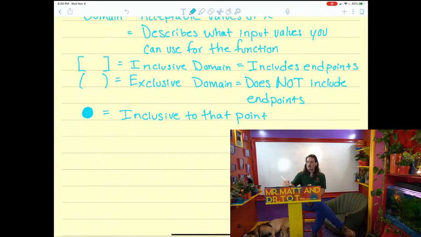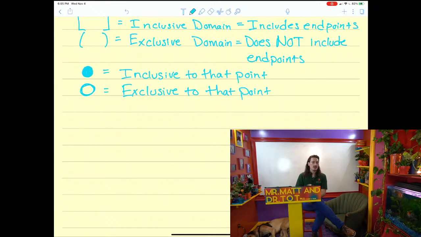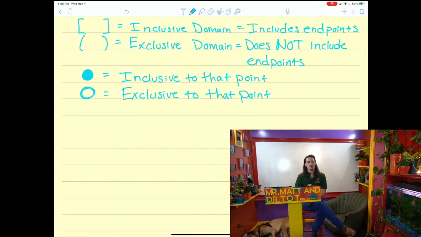Conversely, a hollow circle means exclusive. So really it just depends whether we're using a list format, we'd use brackets or parentheses. And if we're using a graphical format, if we're looking at the graph of a certain piecewise function, we'd use hollow or solid points to indicate whether that value is included or excluded from our consideration.